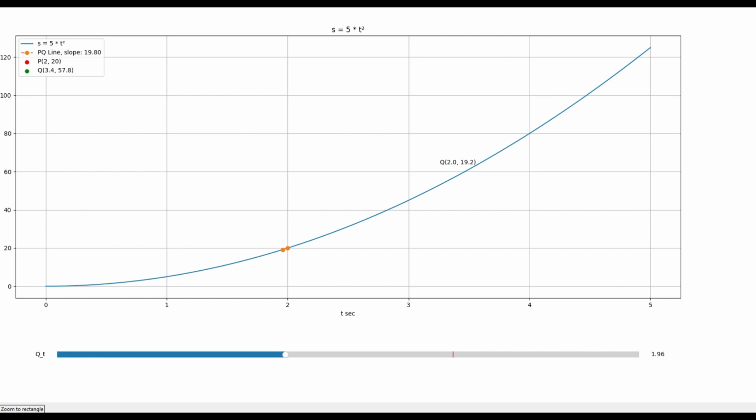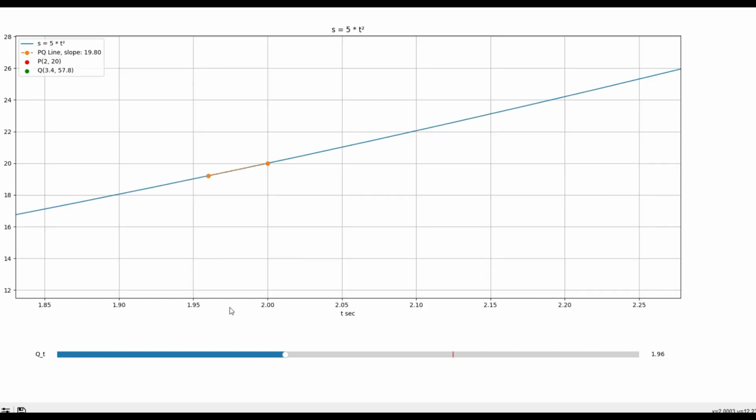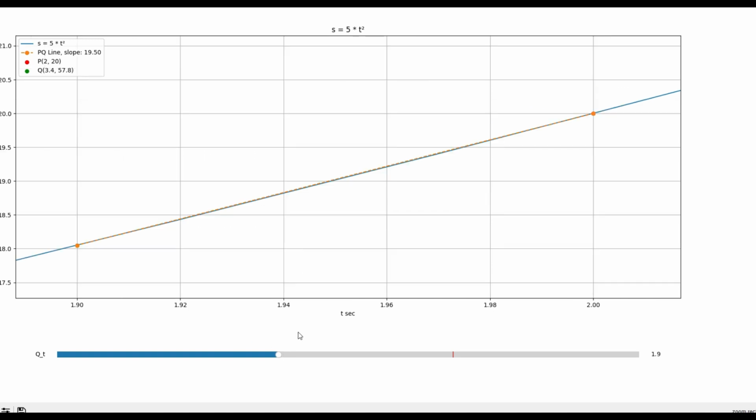If I zoom in, we can see that there is pretty decent scope, right? So I am able to get even closer. If I keep doing this, I'm getting closer and closer, and the approximation is better than before. We're getting a better approximation. We're getting closer to the actual value.